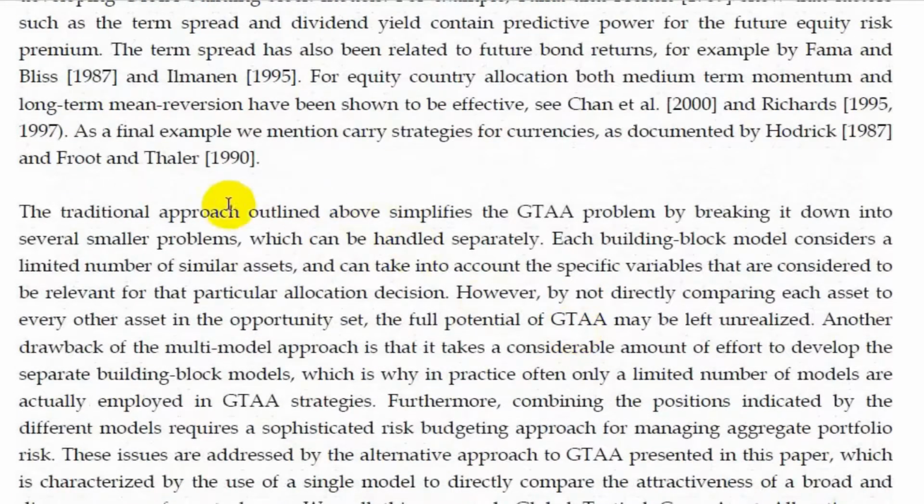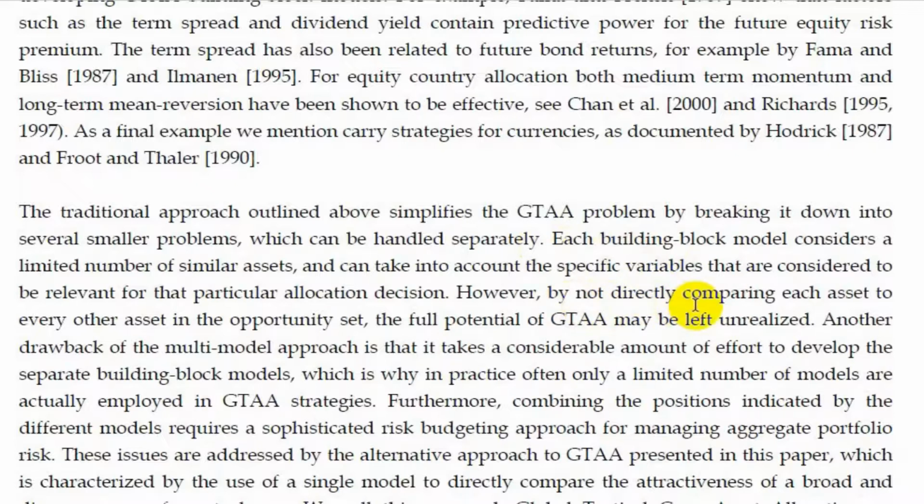But the traditional approach, which was discussed up here, kind of simplifies the process by breaking it down into a lot of different smaller problems to handle separately and building the allocation.